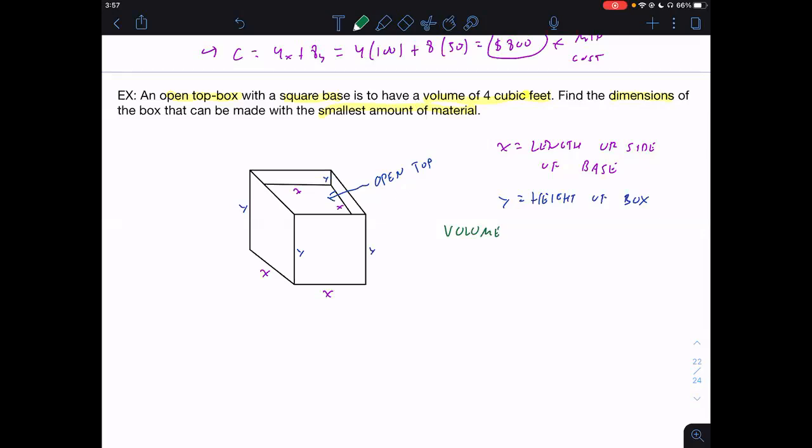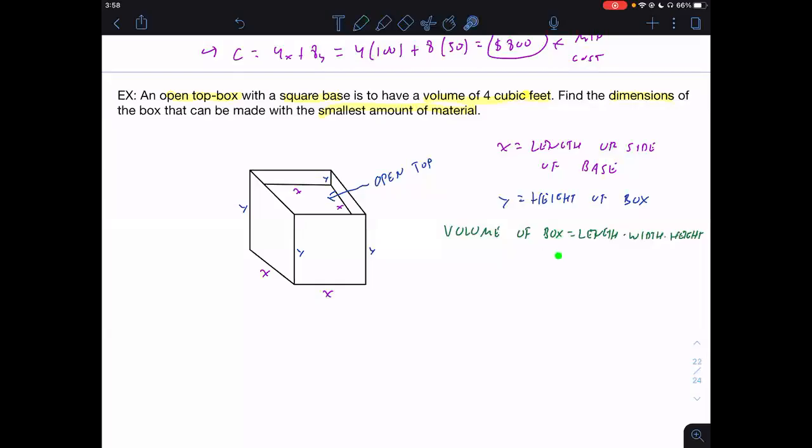We recall the volume of a box is found by taking the length times the width times the height.